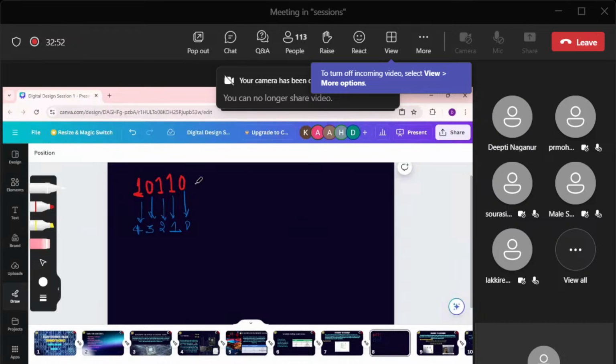Okay. So next, we will first take the index that is 0. This 0 we are going to consider and multiply with 2 power the index of this number, which is 0. So 2 power 0, plus I'm going to consider 1 times 2 power the index, which is 1.